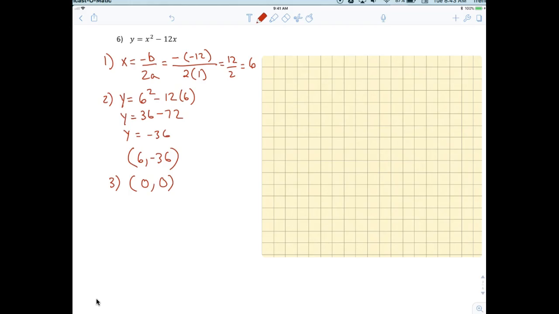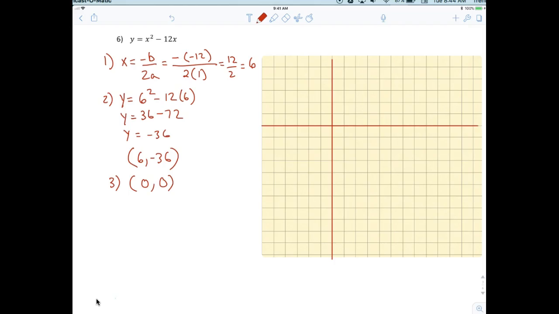All right, so here we go. Now, the vertex is going to be to the right 6, so I'm going to move this over a little bit. Now I'm going to have to go down 36, so that means I'm going to make it a little bit higher. Everybody see what I'm getting at here, right?